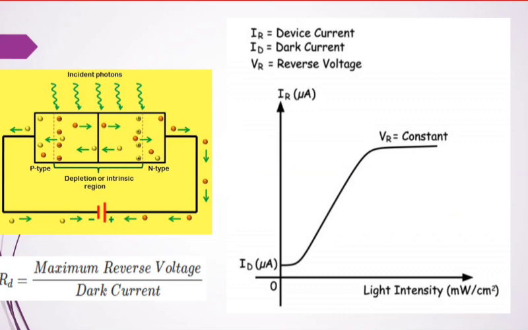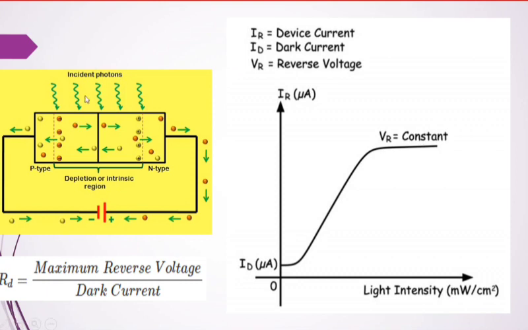That minority charge carriers flow through the junction while you are irradiating the photons on the junction. What will happen? The photons irradiated on the junction break the covalent bonds of the atoms in the P-type and N-type materials.